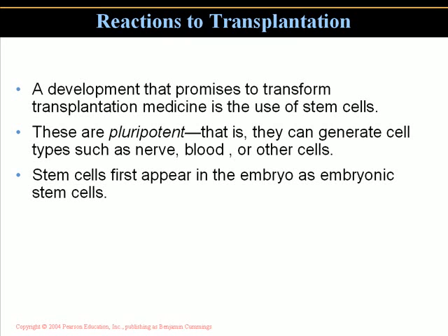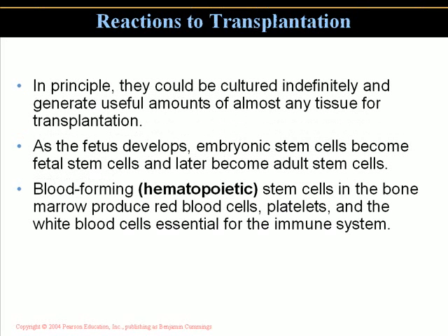Stem cells can then convert into those types of cells. Stem cells first appeared in embryonic stem cells. In principle, they could be cultured indefinitely and generate useful amounts of any other tissue for transplantation. As the fetus develops, embryonic stem cells become fetal stem cells and later become adult stem cells.